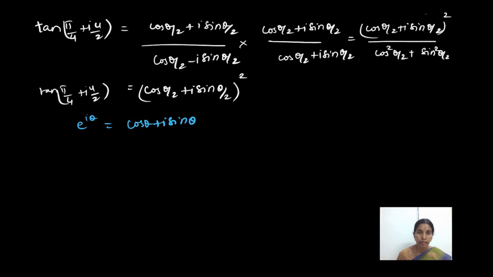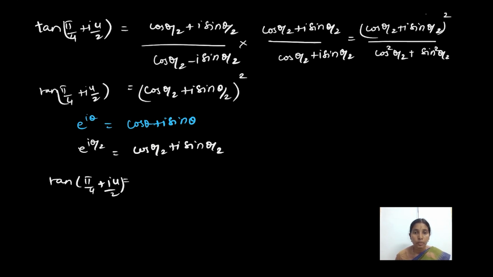So here you have to take e power i theta by 2 equal to cos theta by 2 plus i sin theta by 2. So substitute: tan of pi by 4 plus i u by 2 equals e power i theta by 2 the whole square. This is nothing but e power i 2 theta by 2, which is e power i theta.